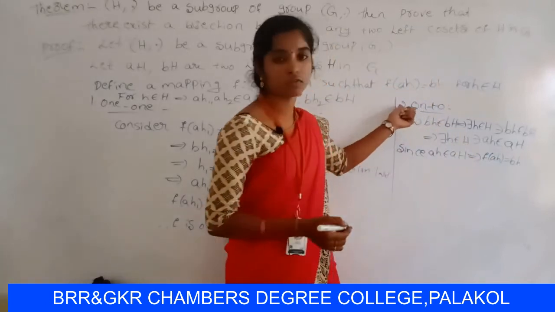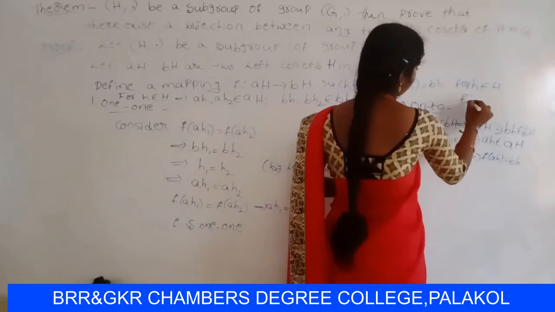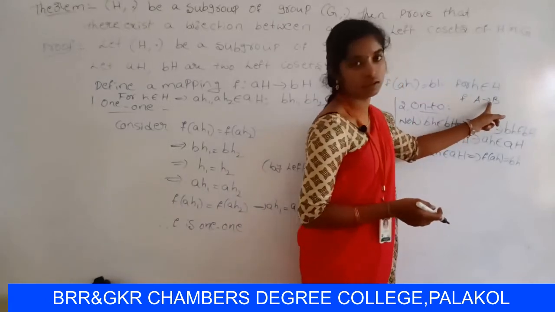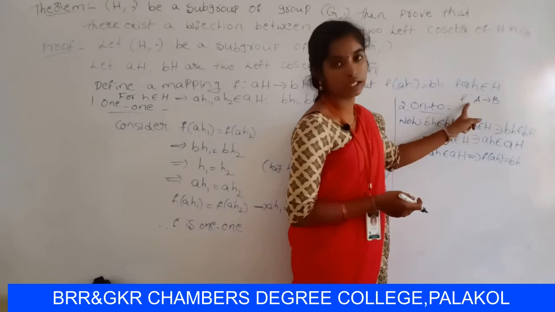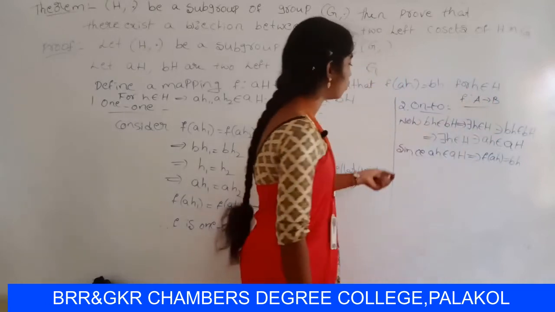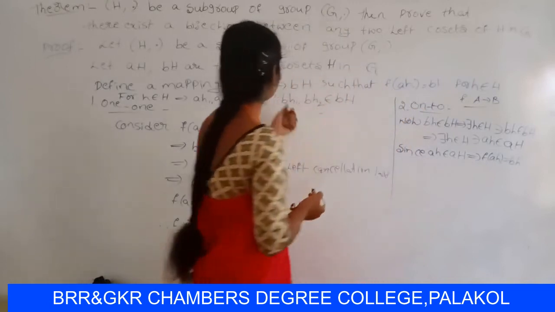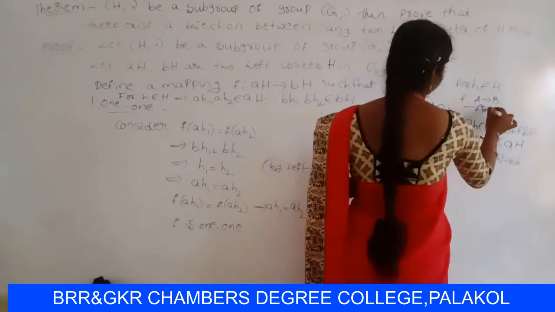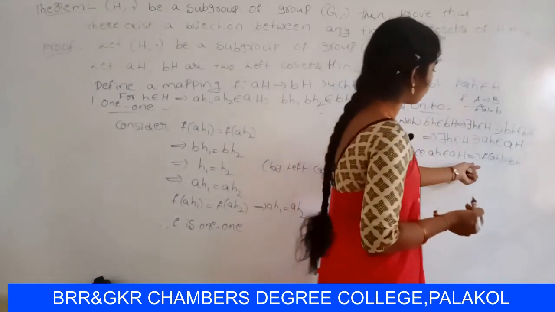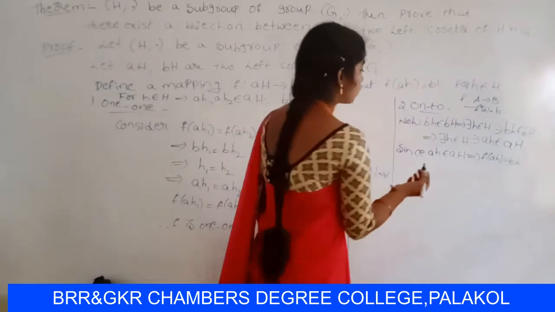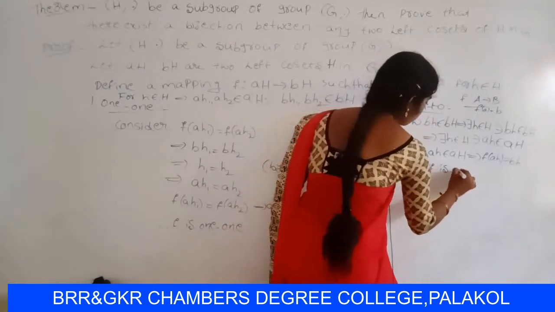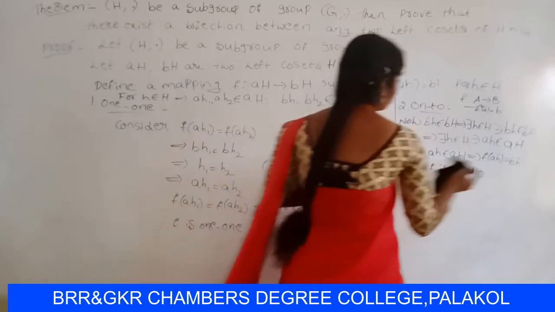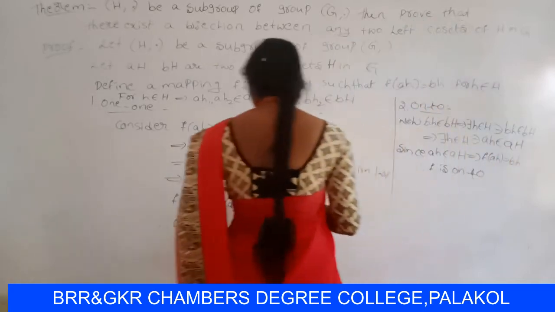So the onto definition is, for example, f maps A to B: every element in B is the image of at least one element in A, which is called onto. That means f of A equals B. So f of ah equals bh. Therefore f is onto.